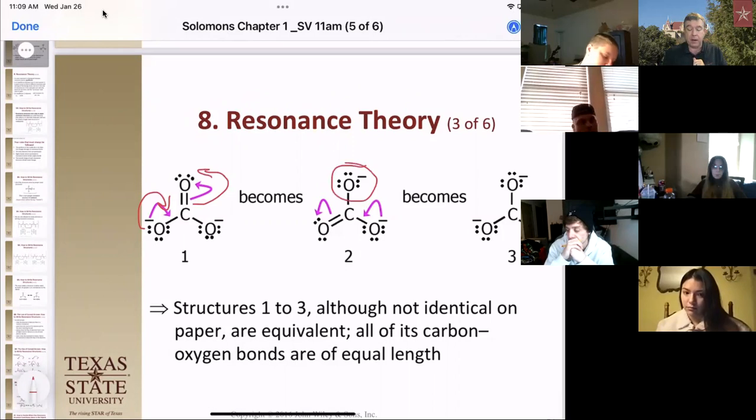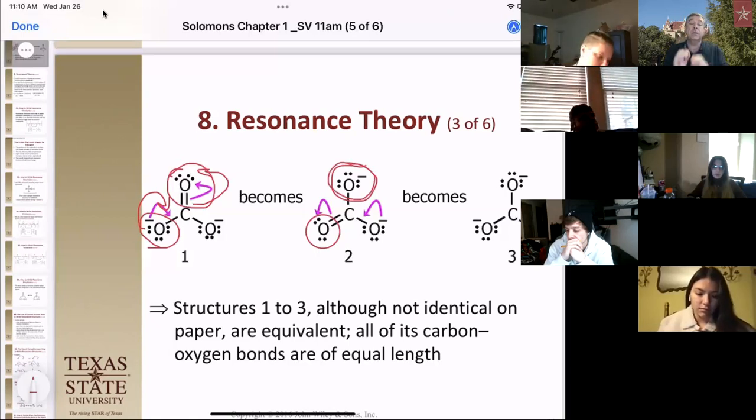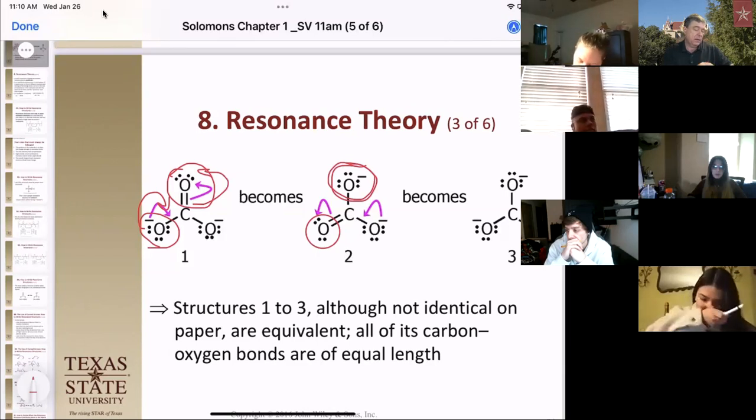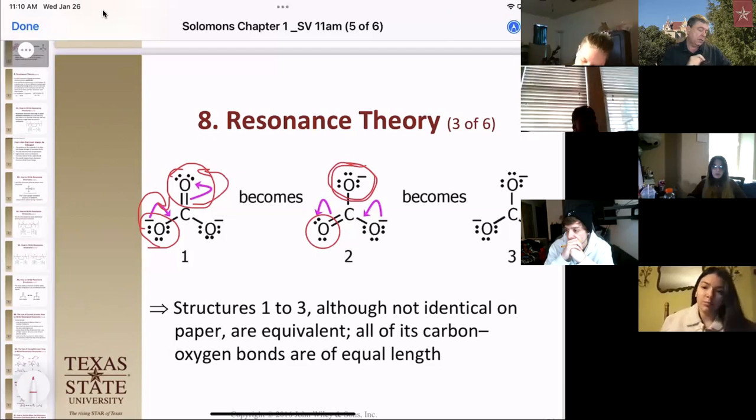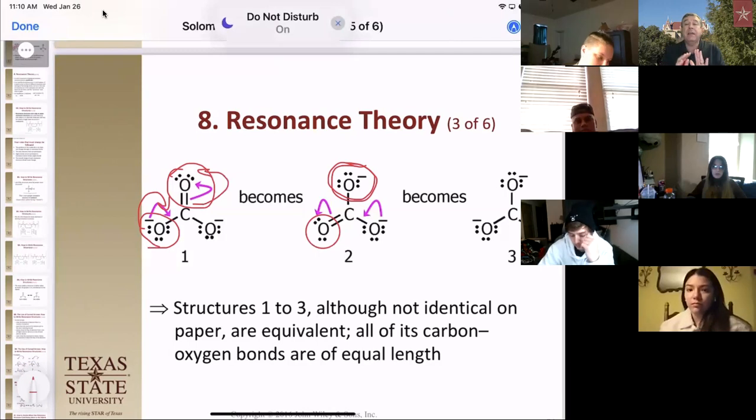Now our single bonded oxygen is a double bonded oxygen, and our double bonded oxygen is now a single bonded oxygen with a charge. All we've done is move electrons. We haven't created any other system. We haven't moved any of the bonds, and we haven't moved any of the atoms.